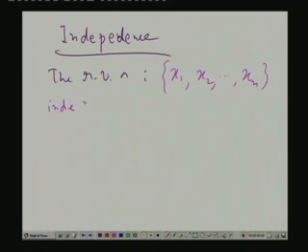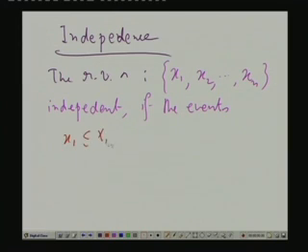So, they are called statistically independent if you consider the joint event, if the events are independent events.